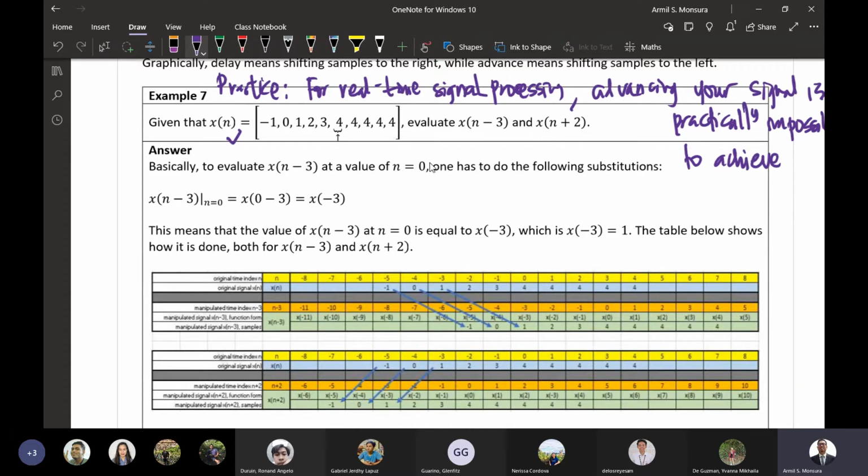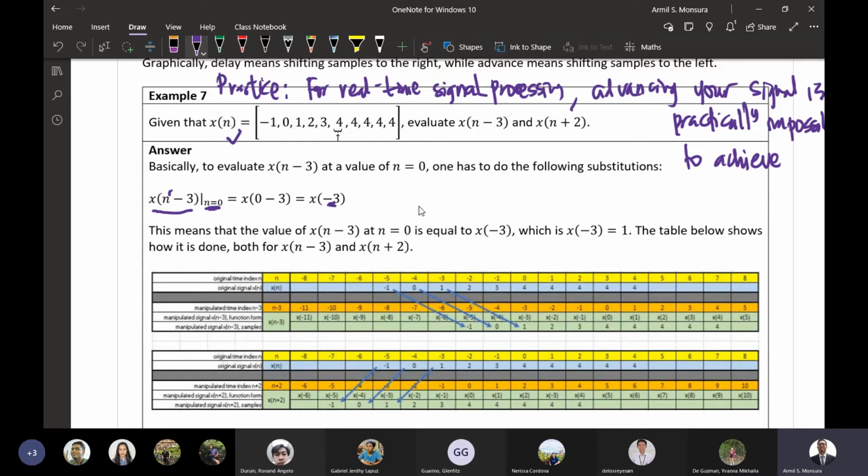If you want to evaluate x of n minus 3 when n is equal to 0, you have to replace n here with 0. So magiging x of 0 minus 3 to. And then 0 minus 3 is of course negative 3.